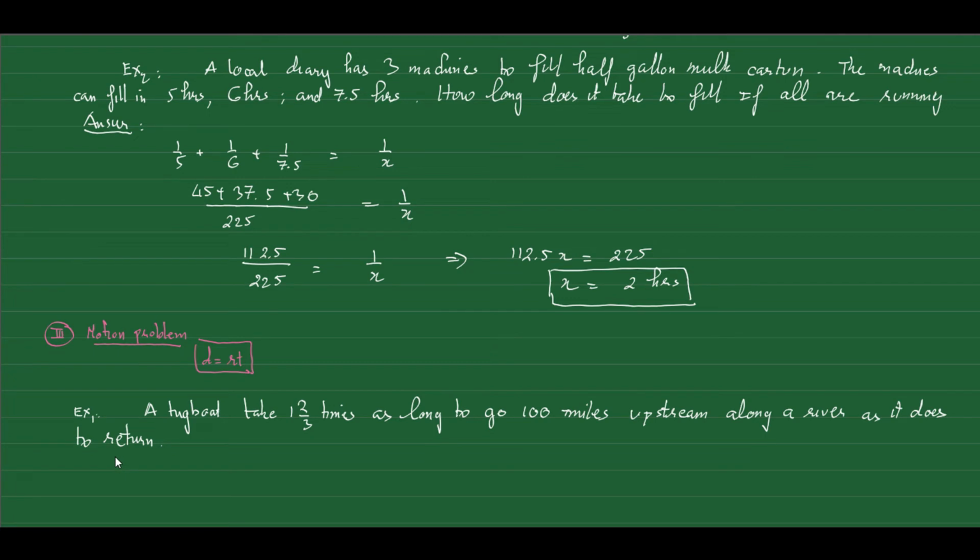If the speed of the current is 2 mph, find the speed of the tugboat in still water.